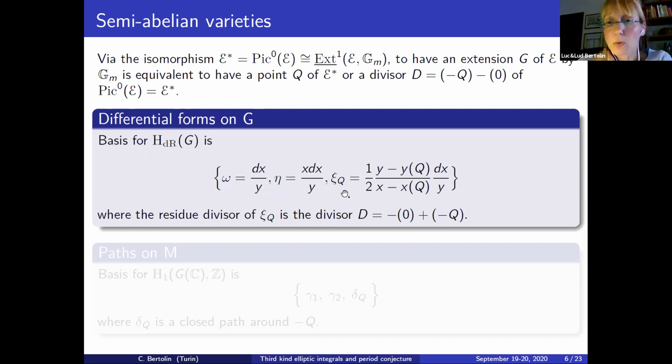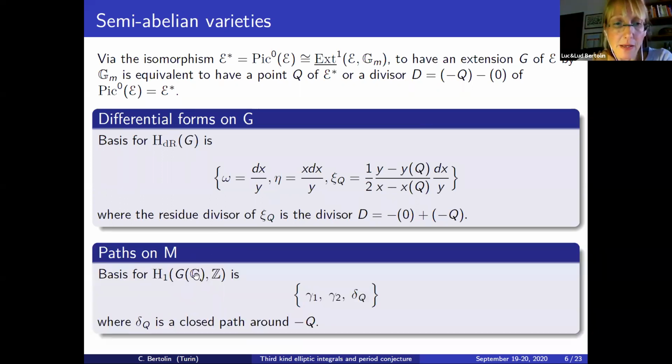And then we just add this omega_Q, which is related to the differential of the third kind. And the residue divisor of omega_Q is exactly the divisor which parameterizes the extension G. And this is the basis of the de Rham homology of such an extension G.